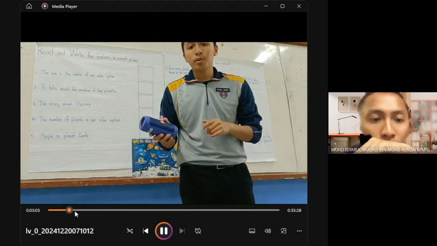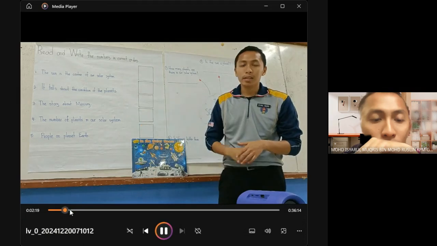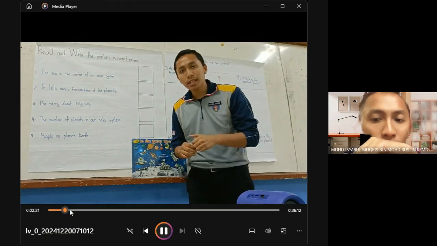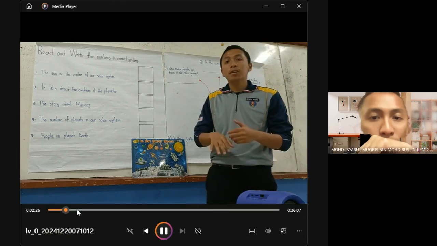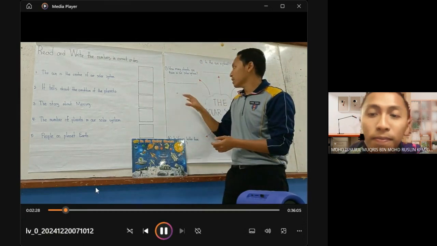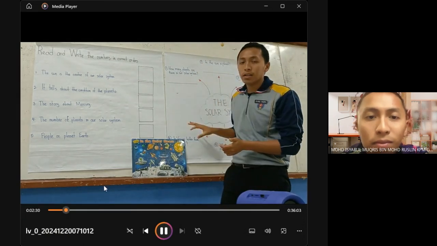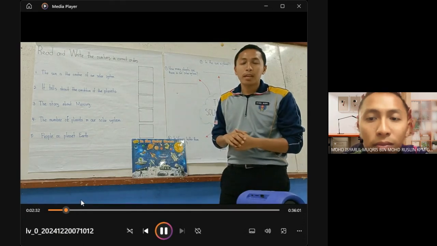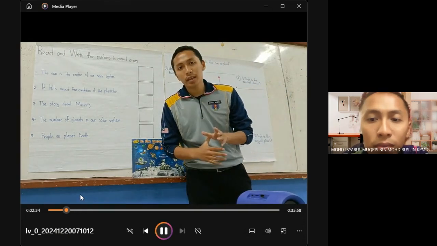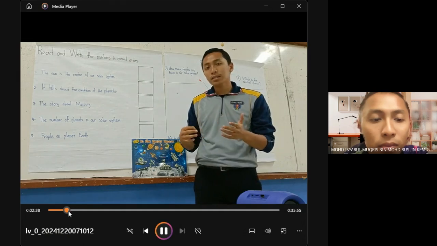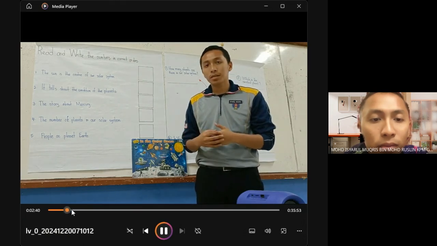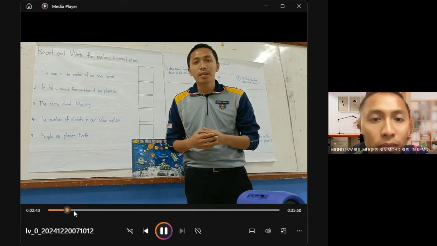And the second one is that pupils are able to read and complete this mind map with guidance and the correct answers to be pasted here later. And for speaking, as I said before, the pupils are able to ask and answer about the solar system correctly.